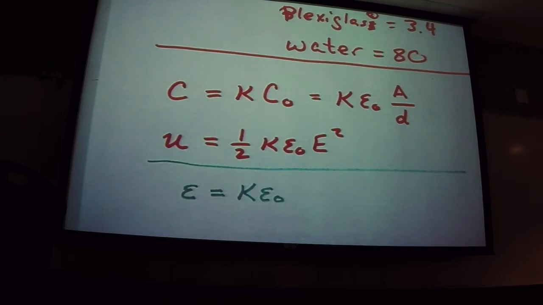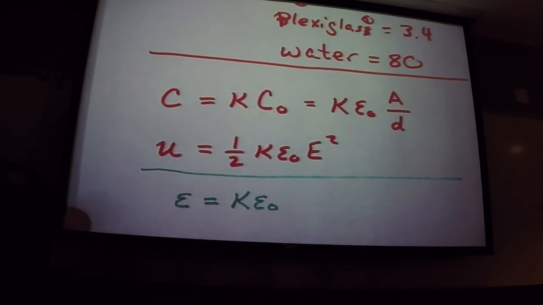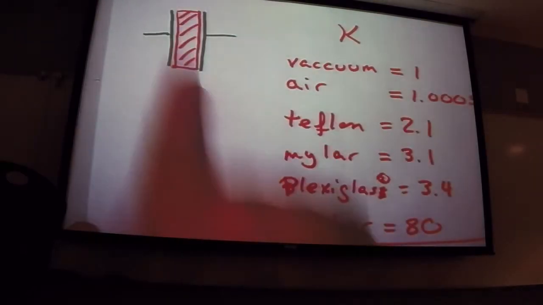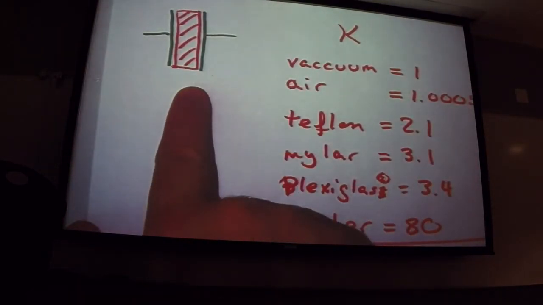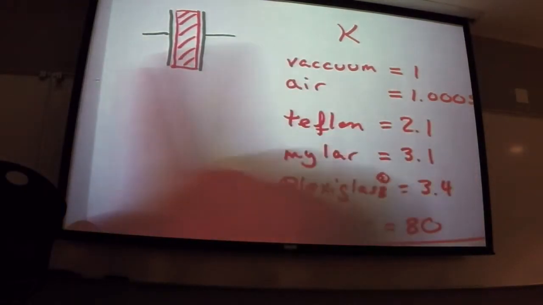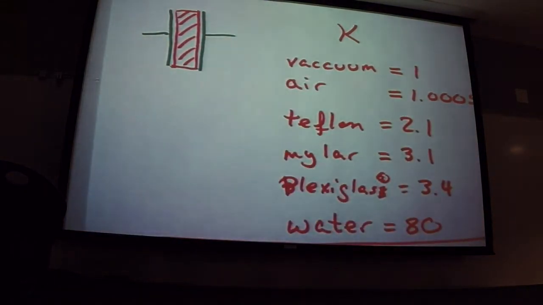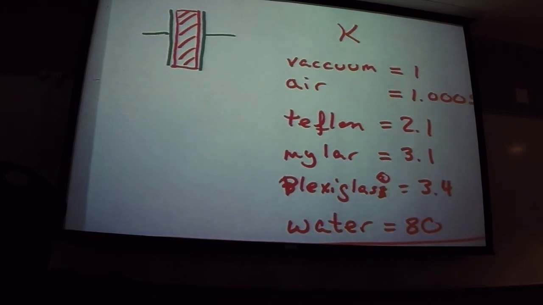This epsilon would be the electric permittivity of whatever material. Notice that when I have the dielectric here, the electric permittivity increases, because I can put more electric field for the same charges I put on the outside. In other words, I can get more charge.